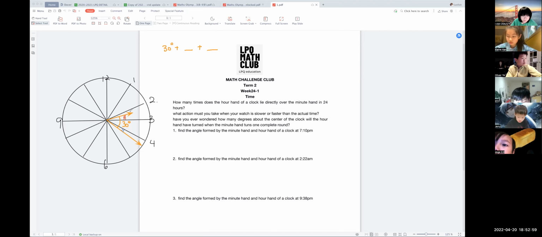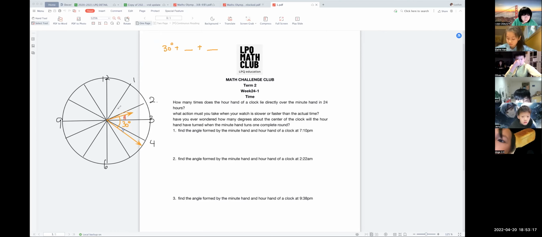So the red part. If I have a clock here, this is exactly 2 o'clock. This is 2:10, maybe 2:20, and 2:22.